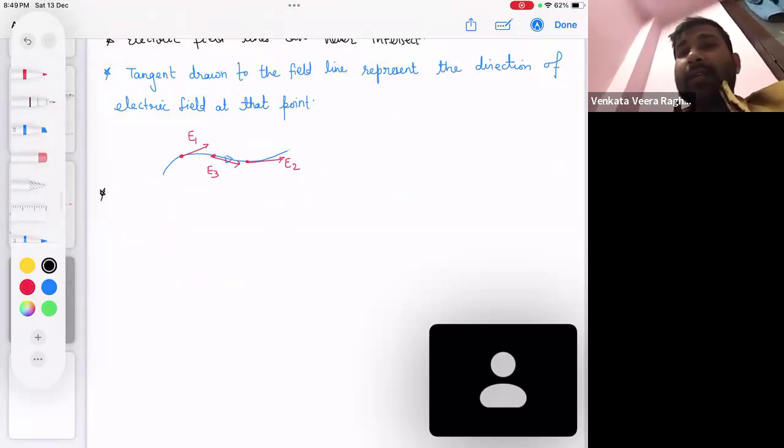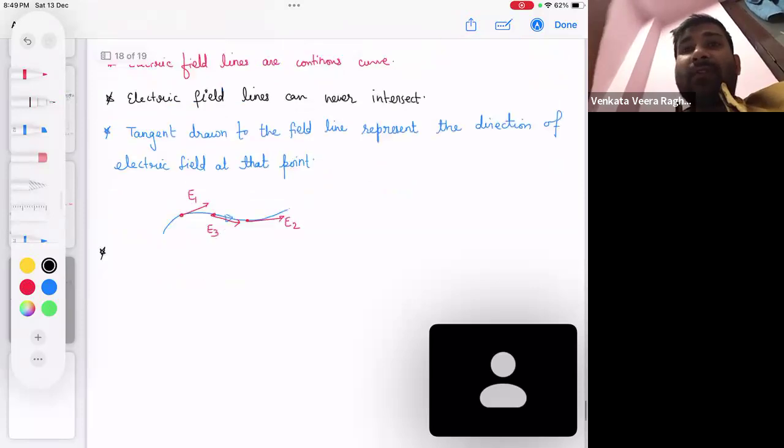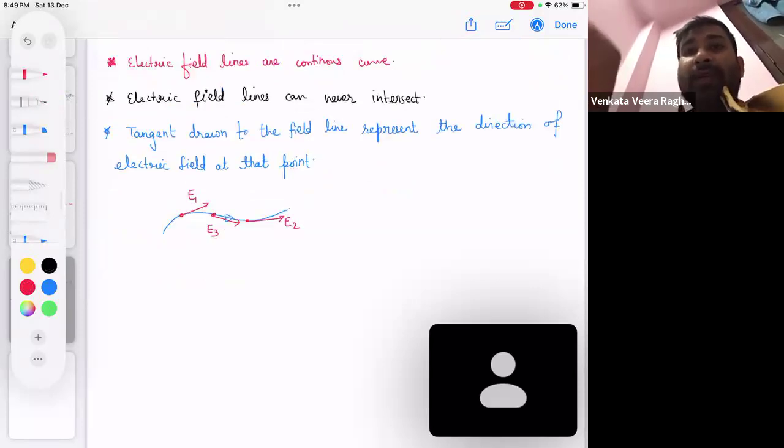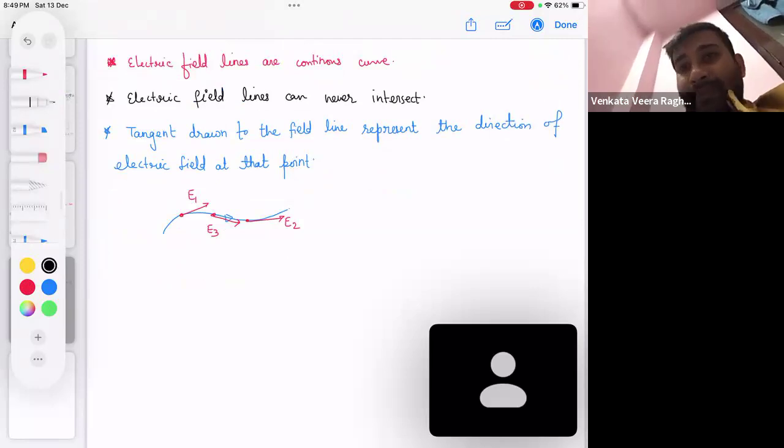Next, can the electric field line be uniform? It can be non-uniform also. How do we represent uniform electric field lines? See, look at that. I am trying to make it as good as possible.